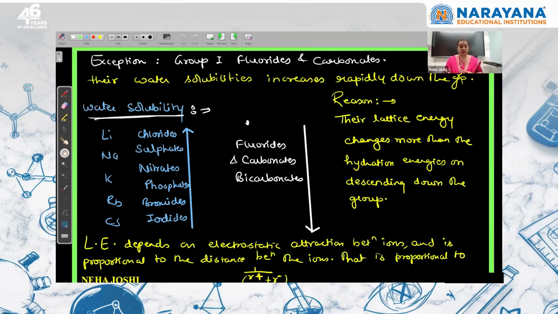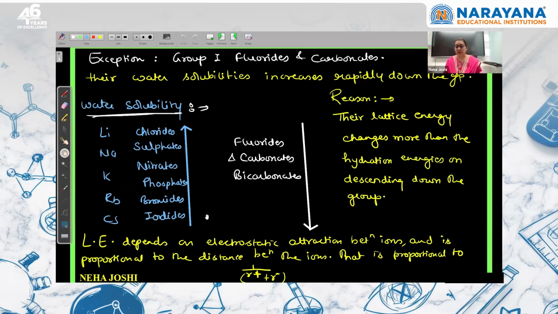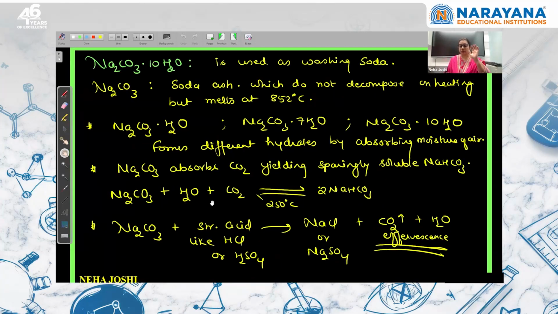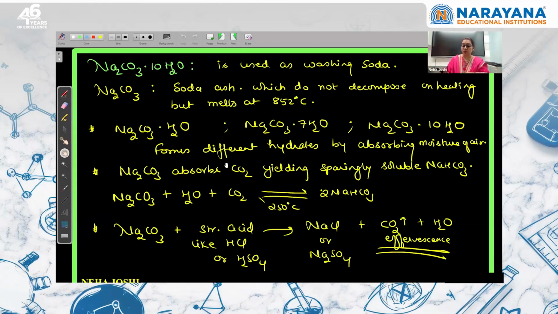I kept it open so that you revise again that fluoride, carbonate, and bicarbonate of the first group are exceptional in their behavior, as their solubility increases down the group, whereas for all others solubility decreases down the group. Correct? Now, this is what we had to start, and I stopped yesterday because this was important.